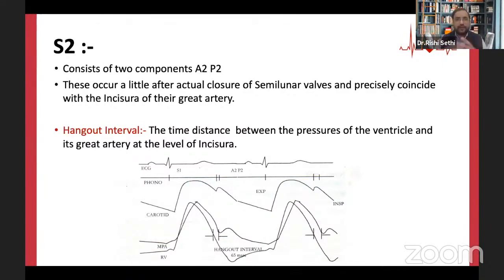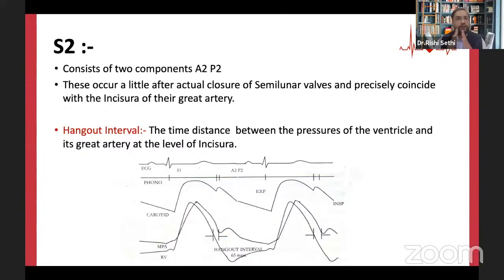Remember, the pulmonary artery is taking the entire systemic blood in a very small amount of space, so the elasticity and the compliance of the pulmonary vascular bed is much more than the systemic bed, and especially the aorta. So the aorta expands and comes back, and in coming back, it's producing A2.